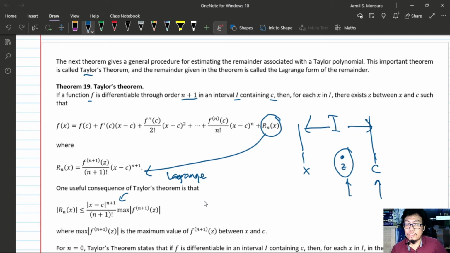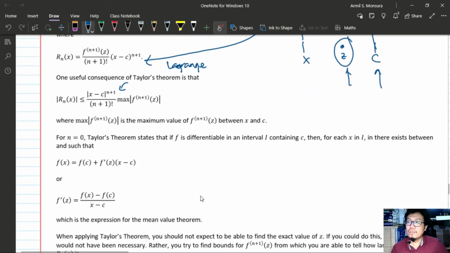For n equals 0, Taylor's theorem states that if f is differentiable in an interval I containing c, then for each x in I, there exists z between x and c such that f of x equals f of c plus f prime of z times x minus c.